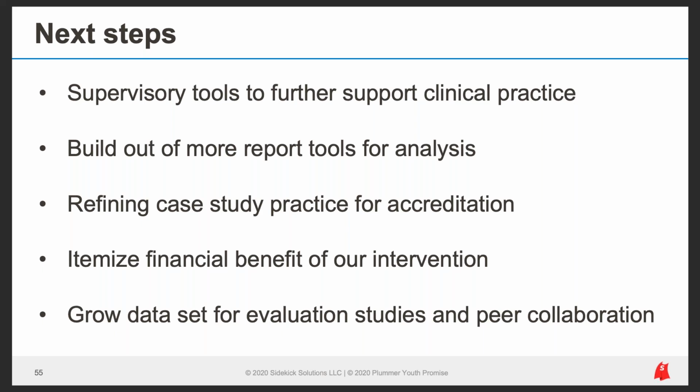We're hoping to be able to, at some point, itemize the financial benefit of this intervention, this permanency practice. So looking at data from a larger perspective, not just what's in Apricot but financial data, is another goal we have. We also want to be able to do these targeted evaluation studies, as I mentioned earlier, where we use some evidence-based models, and look at how well we're doing those with fidelity to those models.